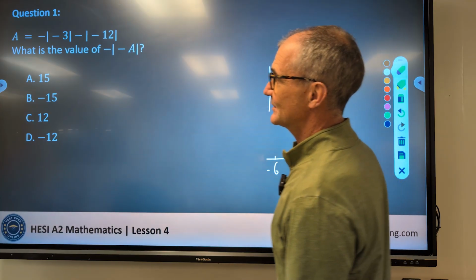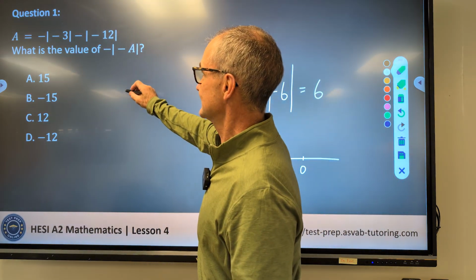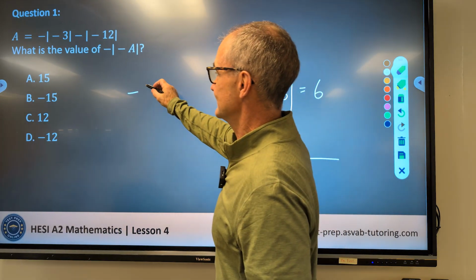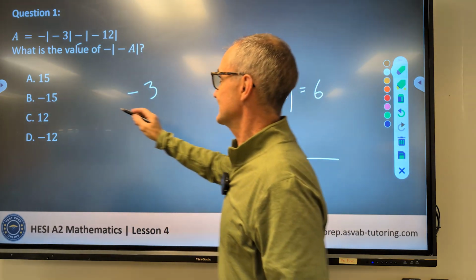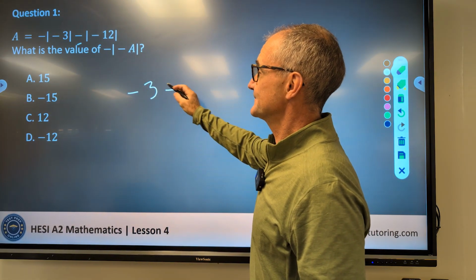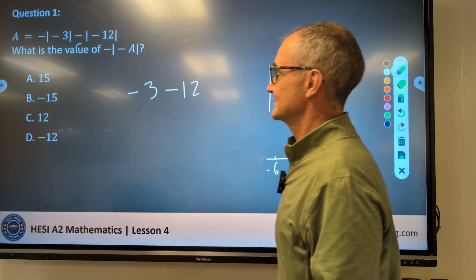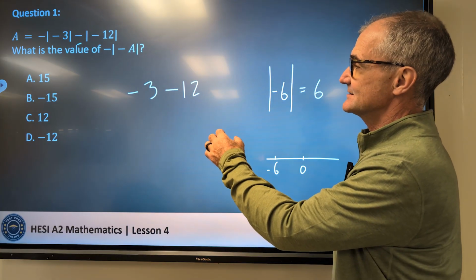So let's take a look at this problem right here. I'm going to keep that first negative out front. And then I have -3 in that absolute value. That becomes positive. Then I have this negative out front. That's this one. Absolute value of -12 becomes 12. So I've gotten rid of the absolute values by making those numbers positive.